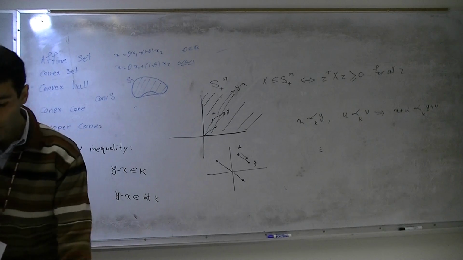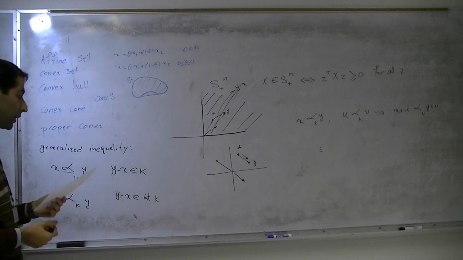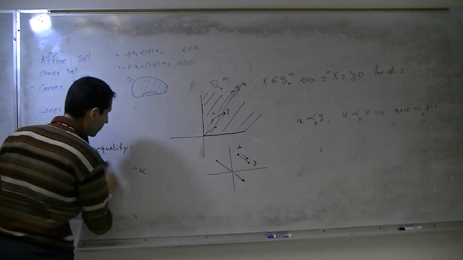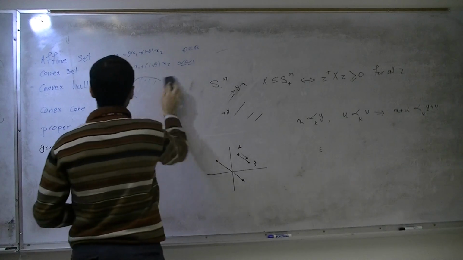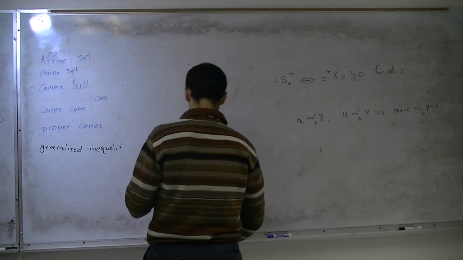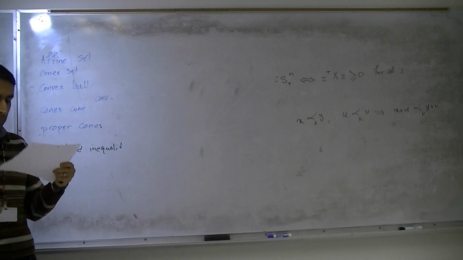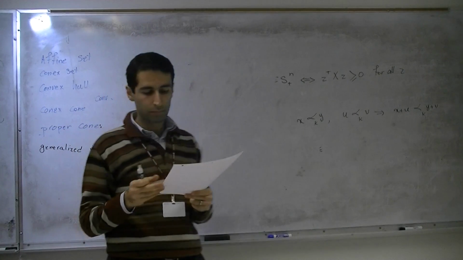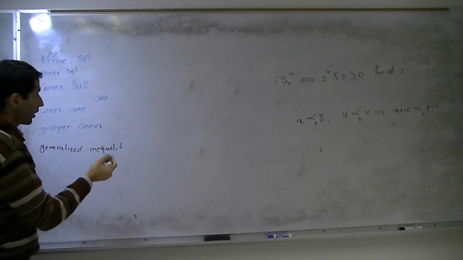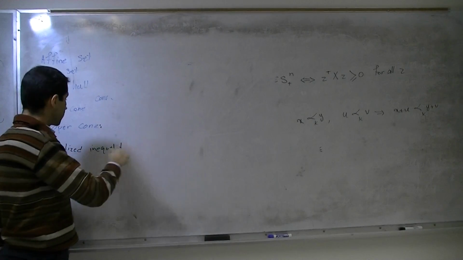After defining the inequalities, the next topic is minimum and minimal elements. If you remember, K is a proper cone.